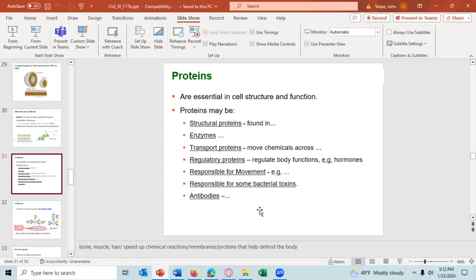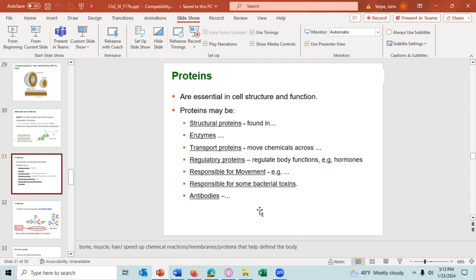They may be regulatory proteins that regulate a body function, like a hormone. Like in children, they have a growth hormone. Proteins may be responsible for movement, and it's true that we have proteins in our arms and legs for moving, but you also have proteins for cellular movement, such as the protein that makes up flagella.